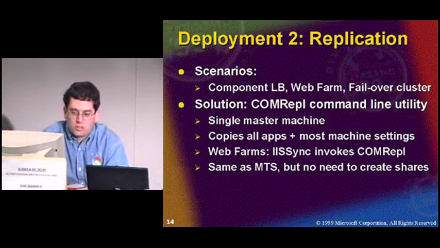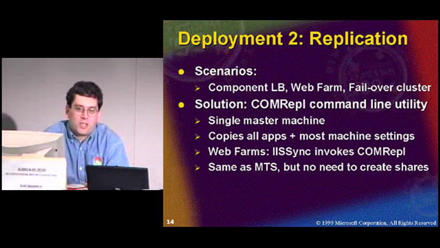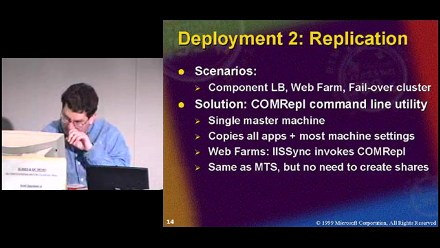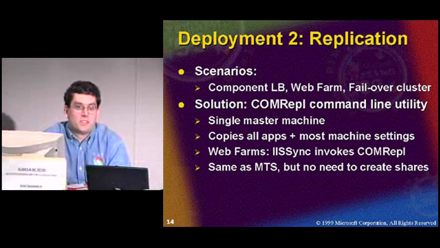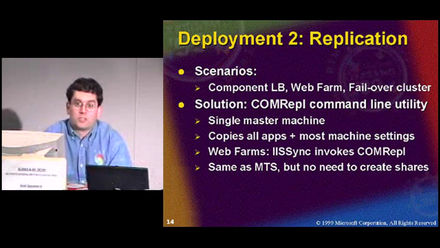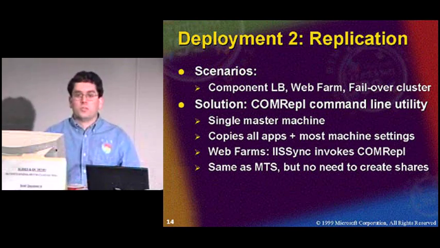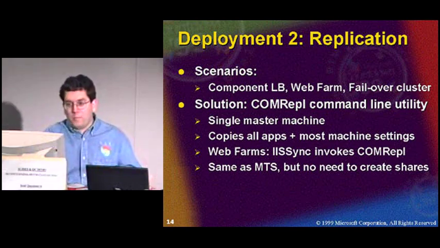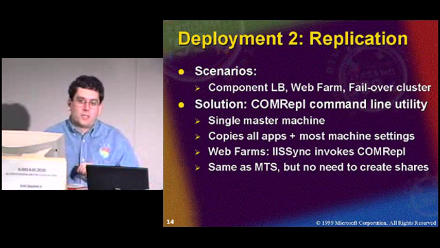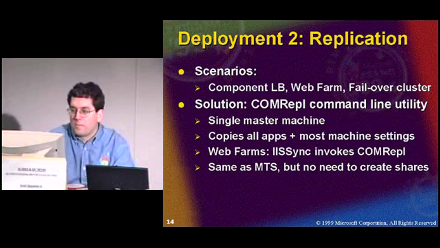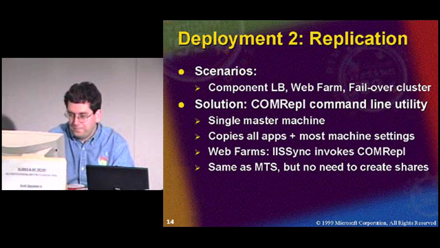This utility will just go in and copy all the apps by exporting them, copying all the machine settings, and connecting to the remote machine using the COM administrative interfaces, and installing these applications onto the target machine. It actually deletes all the applications on the target machine before it starts copying anything. So this is really mainly intended to be used for master and identical duplicates, identical replicas of these machines.